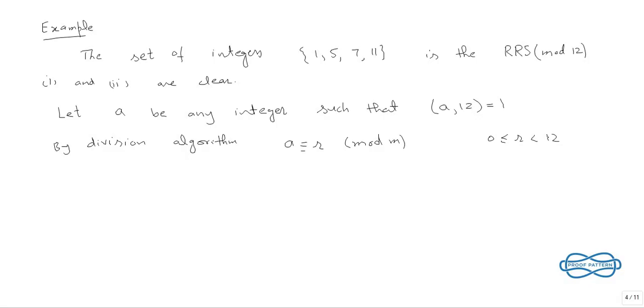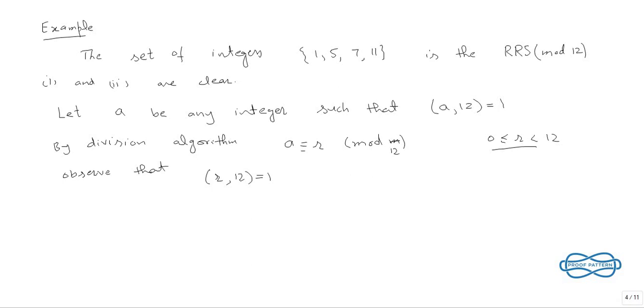Alright. Observe that the GCD of a and 12 is 1 and a is congruent to r. This means the GCD of r and 12 is also 1. So r is between 0 and less than 12 and the GCD of r with 12 is 1.